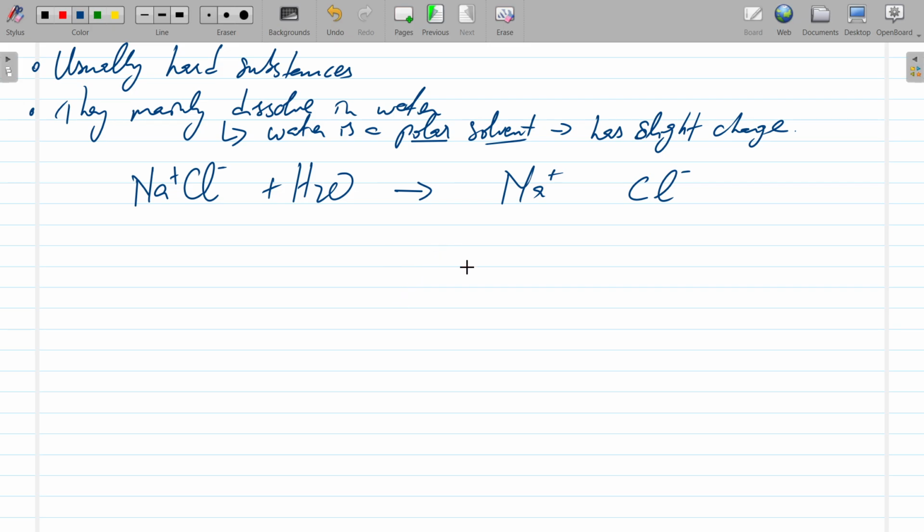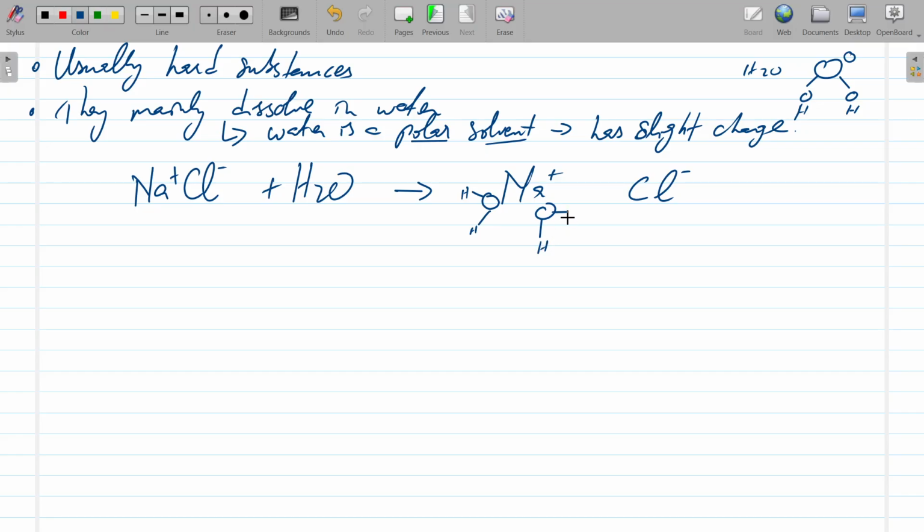And they are kept separated, if I use this symbol for water. Water is H2O, so that's a hydrogen, that's a hydrogen, that's an oxygen. The way they're kept separated is the sodium and chlorine both are surrounded by water molecules.